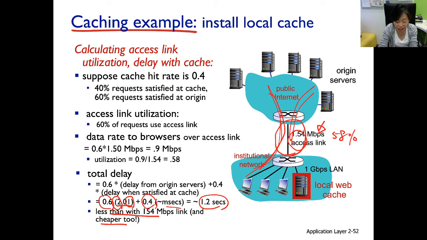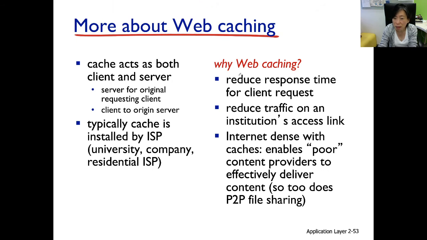Isn't it nice? That explains why we need web caching. It's to reduce the delay, also called the response time, meaning the time it takes to issue the request all the way to the server and bring down the web object. That is the round-trip delay of the request and response messages. It also reduces traffic, saves a lot of bandwidth on the access link, and it's very cheap.